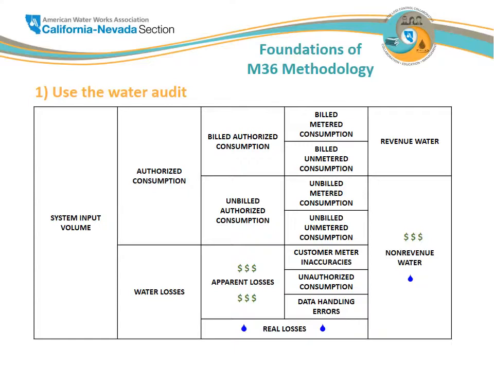So any error that we introduce through an under-registering meter or a mishandled database or all sorts of reasons, any error that we see in our first volumes is going to manifest in our understanding or estimation of water losses. And that's why we're so careful with these data sources and are going to be pestering everyone about the importance of understanding where error exists and trying to reduce it as best as possible.